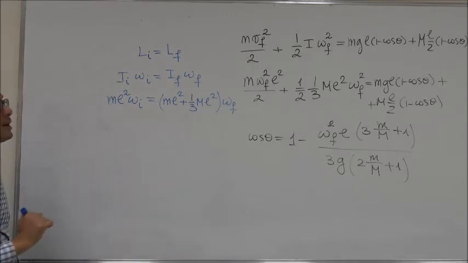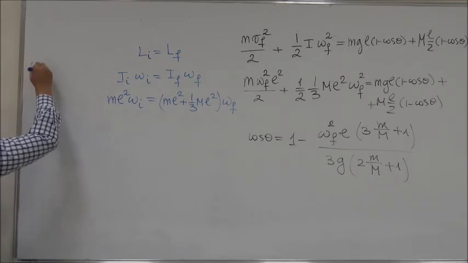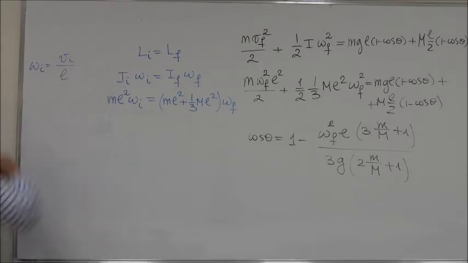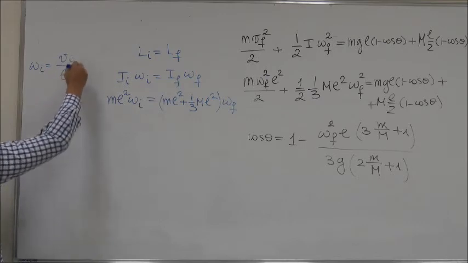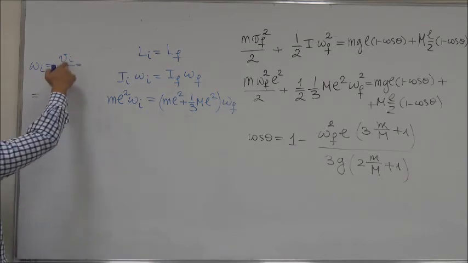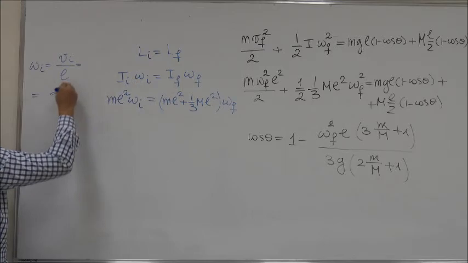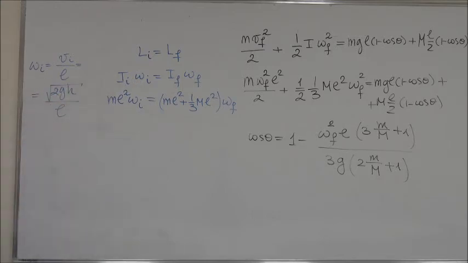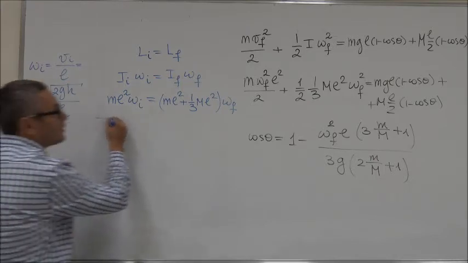Now, how do we find this omega initial? Omega initial is equal to V initial over L. But what is our V initial? Remember, the block is sliding off the hill. So you should convince yourself that the V initial is equal to square root of 2gh over L. So now you have three equations.